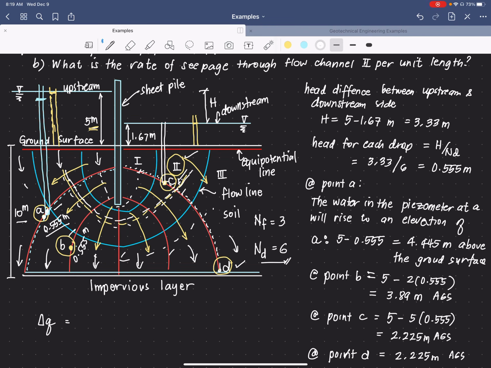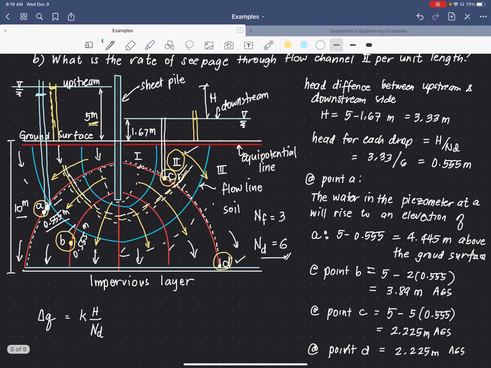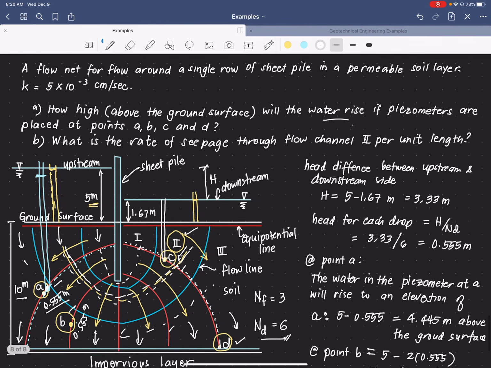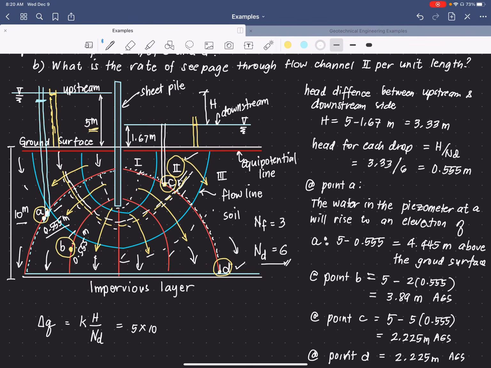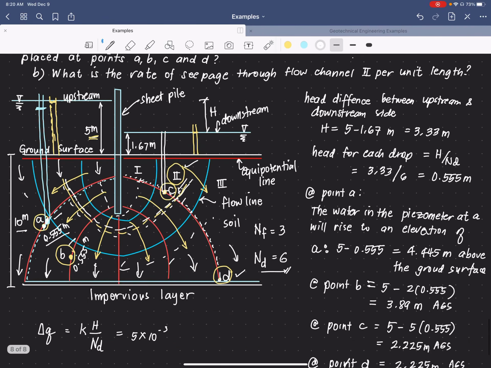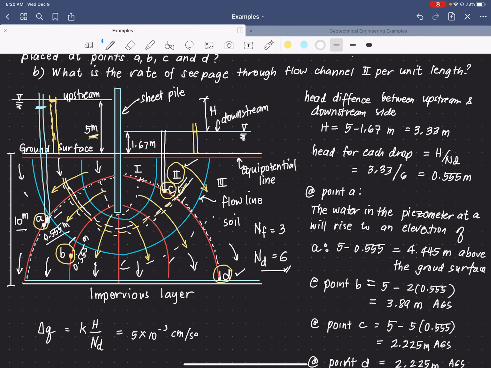The change in the discharge is equivalent to K multiplied by H divided by N sub D. Since we are only asked to solve for the rate of seepage along the second flow channel, that would be equal to, the K is given, 5 by 10 raised to negative 3. This is in centimeters per second.